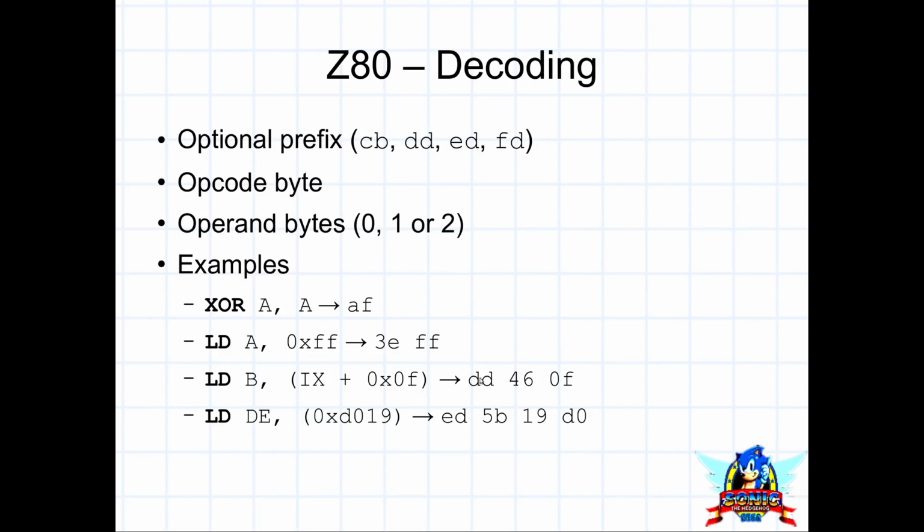But instead, this DD means use the index register in place of HL. So DD460F is load B with the memory address pointed to by the index register plus 15. That's kind of a powerful thing to be able to do in a single instruction. And you can see that this 0F here corresponds to the constant offset that's been placed in the instruction.